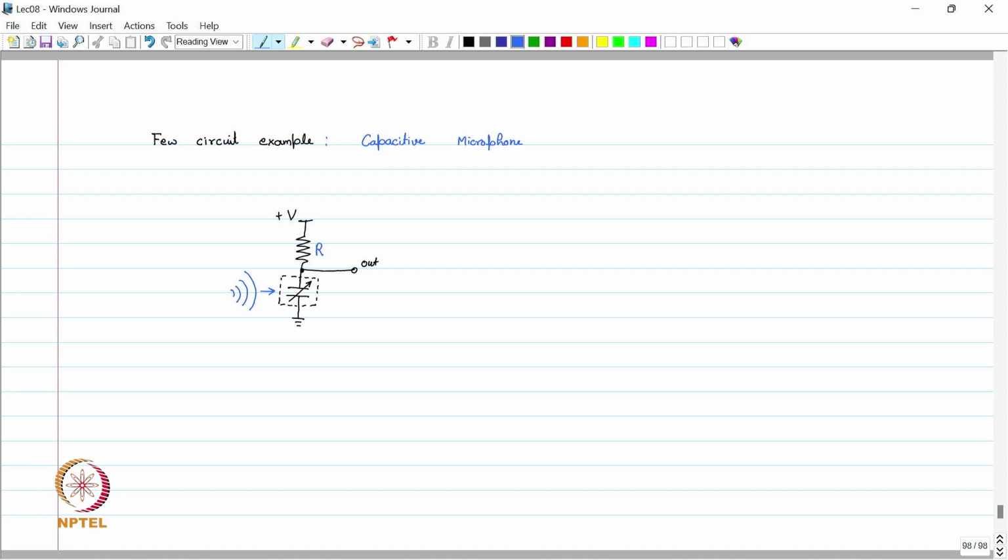Or we can have a more improved circuit which uses active devices. For example, we have a MOSFET, and on top we have a resistor.